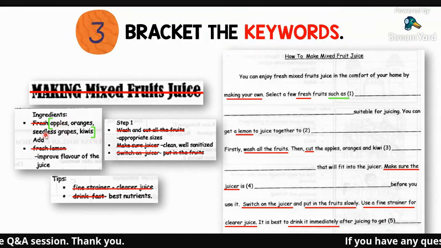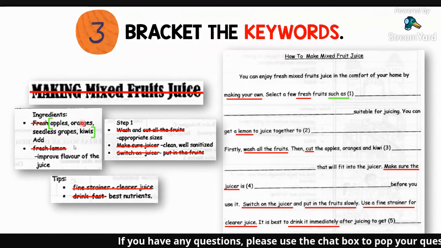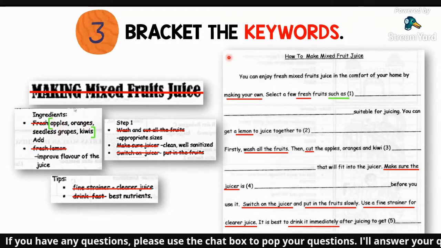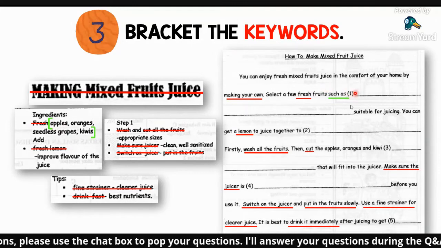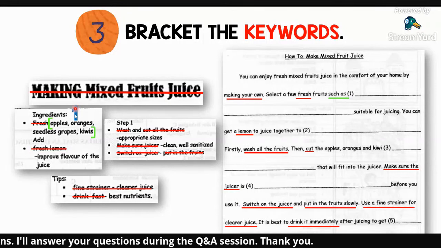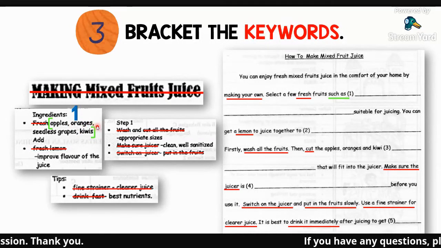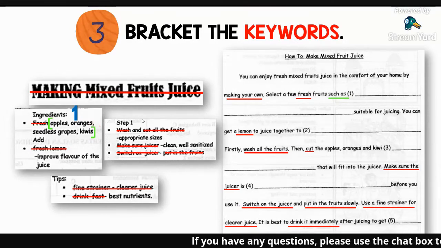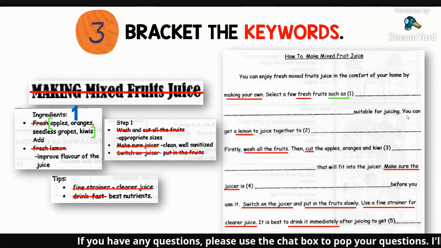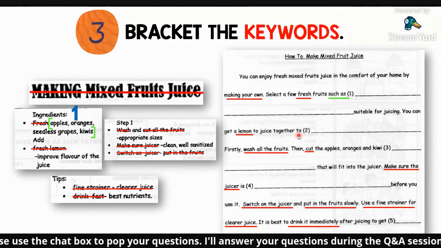Let's put in a bracket. And as you are putting your bracket there, we already know that this is the information that we are going to be placing under number 1. So why don't you just write the number 1 here?